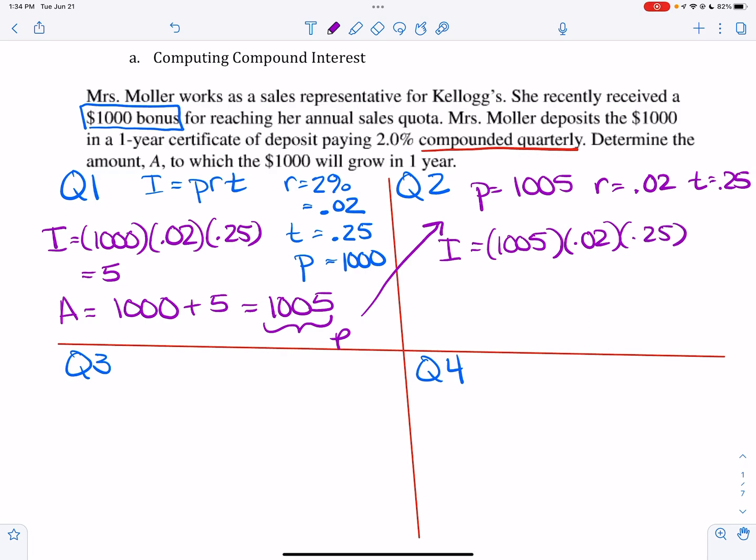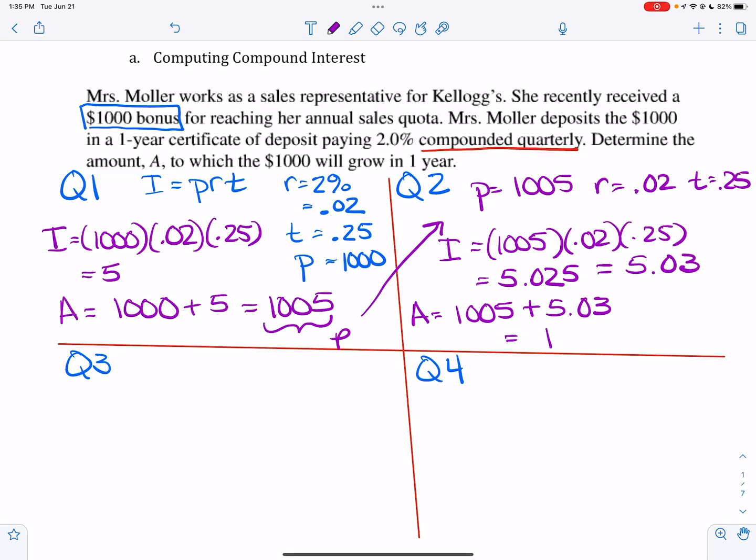So 1,005 times 0.02 times 0.25 comes out to be 5.025, which since we're dealing with money, rounds to $5.03.